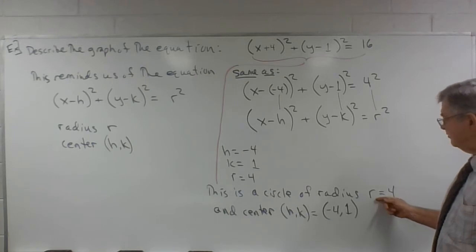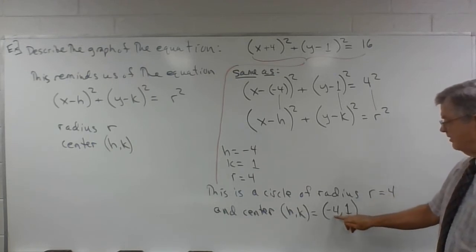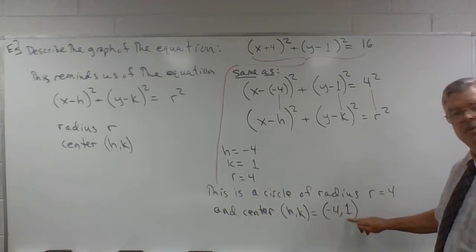So the radius of our circle is 4. The center of our circle is the point (−4, 1).